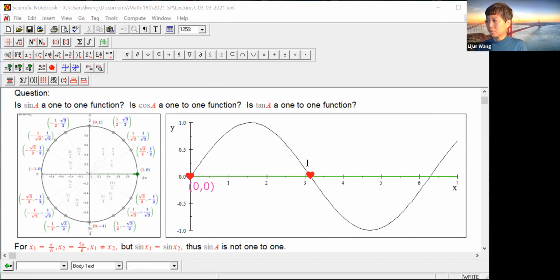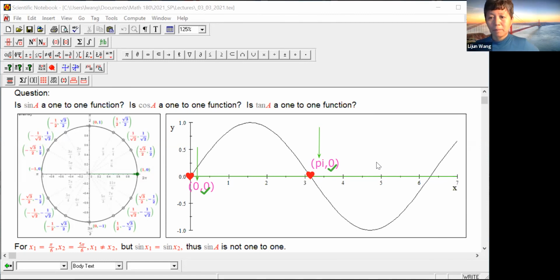The second point is what? Pi, 0, yeah? You follow me? Different input, X1, X2, different. Same output. You see that? So that picture tells you it's not 1 to 1.